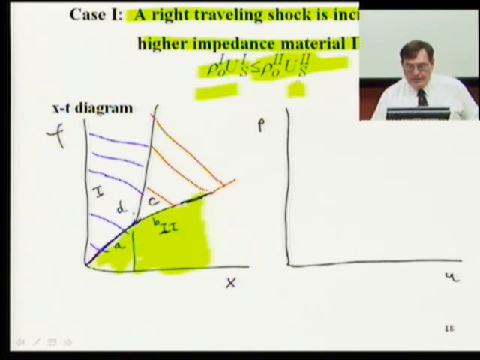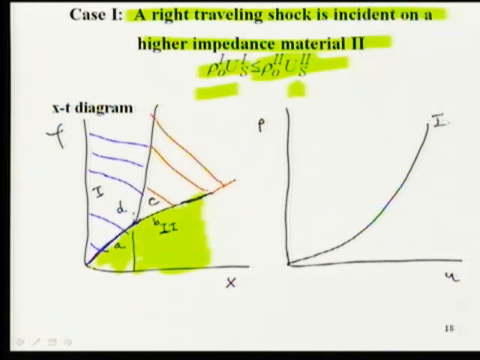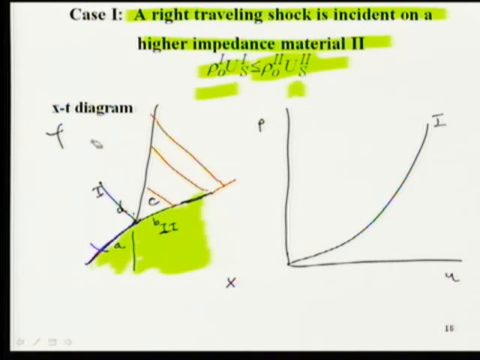Well, the low impedance material is here, and that's the principal Hugoniot for 1. Oh, I forgot. Actually, when this hits here, remember I thought something was wrong with that. Again, let me go back to correct that.